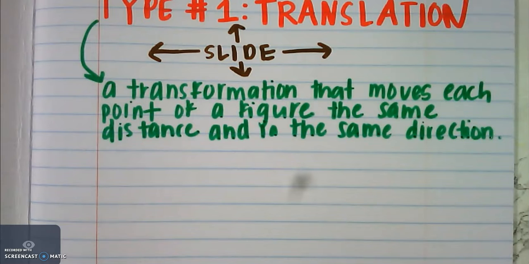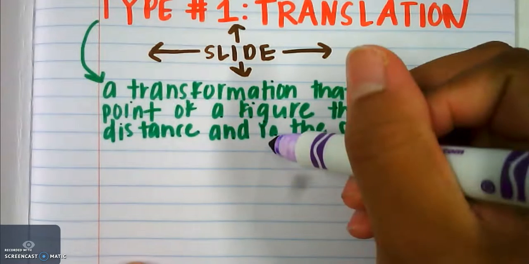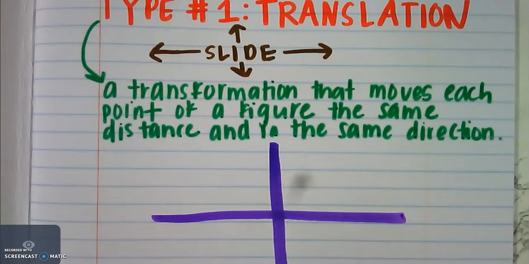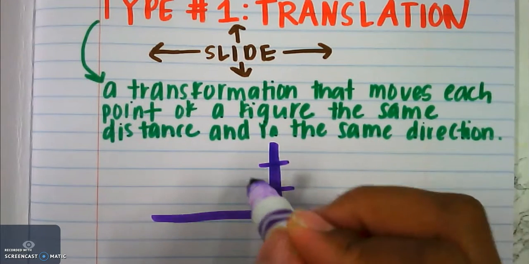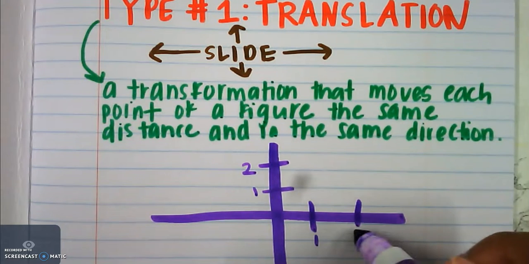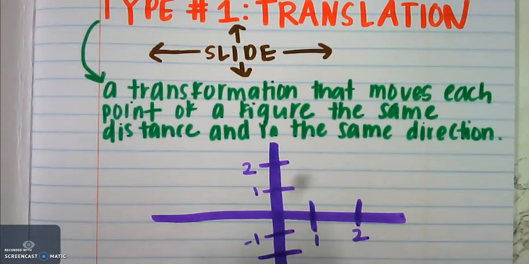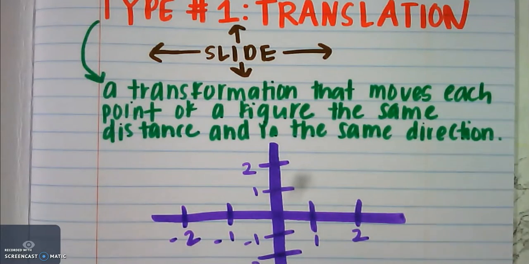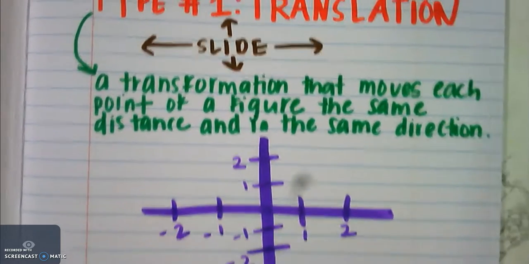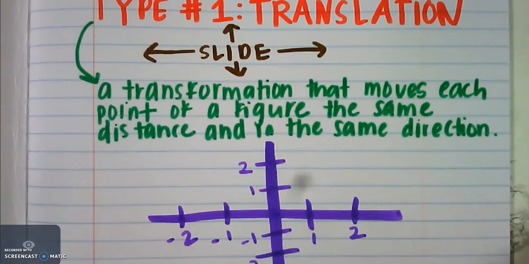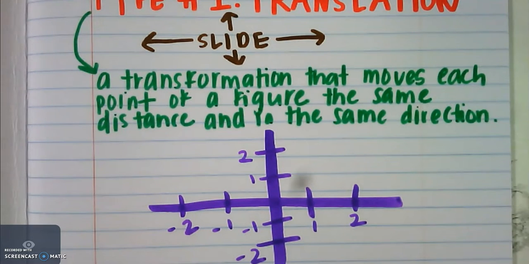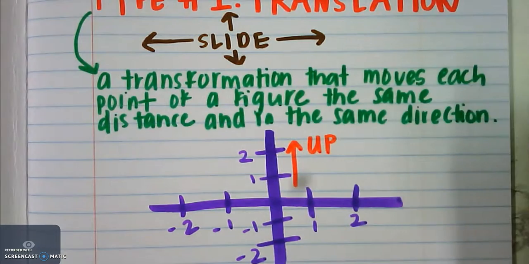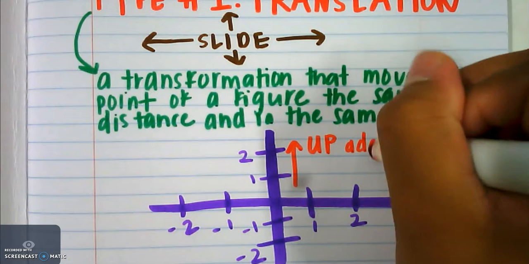So if I were looking at a coordinate grid, we got positive 1, positive 2, positive 1, positive 2, negative 1, negative 2, negative 1, negative 2. And we know that these numbers can be a whole lot bigger on our coordinate grid. It's just what we're working with here. So if I were to go up, I'm impacting my y-axis, so I'm going to add to y.